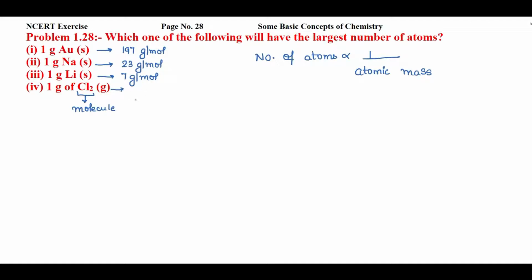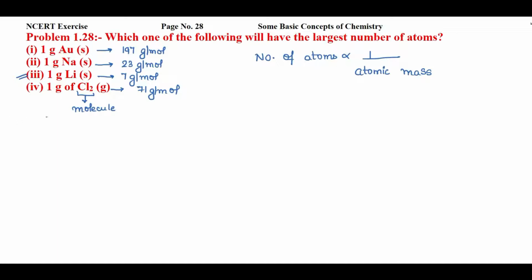That means we have to take the mass of two atoms. So the mass of one atom is 35.5 into 2, that will be 71 gram per mole. Out of these four, lithium has the least atomic mass. So definitely lithium will have the largest number of atoms.